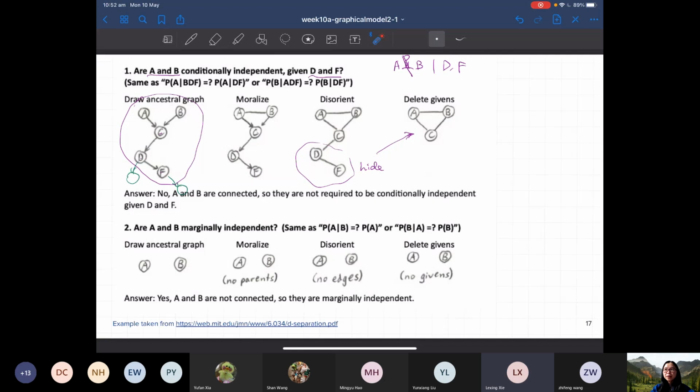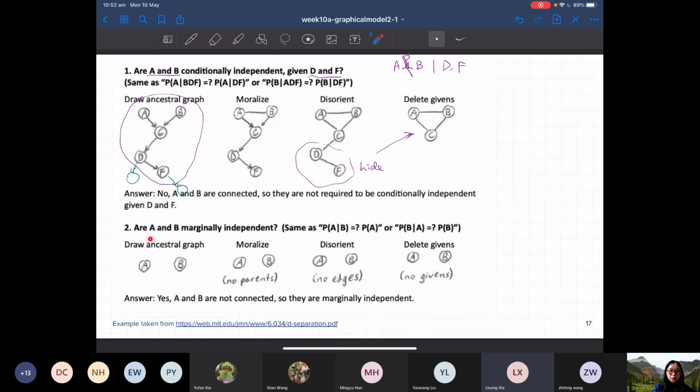The language that's used elsewhere, for example, is: are A and B marginally independent, right? Without other nodes being observed, which means the same thing, right? So we know from the D-separation that we learned they should be marginally independent if C and D and F are all unobserved. So now we draw the ancestry graph.